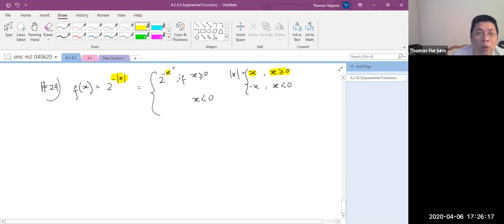While when x is negative, then absolute of x is negative x. So when I replace that here, it becomes 2 to the negative of negative x, which is 2 to the x. So we have a piecewise defined function.